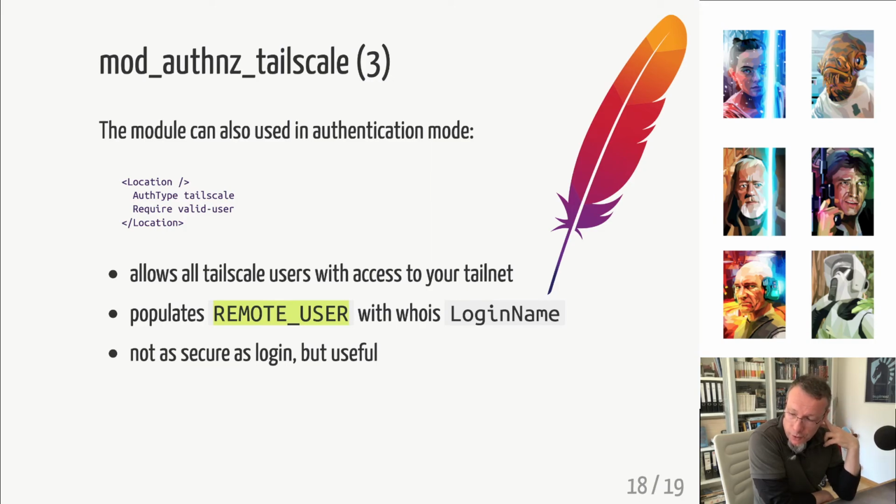It's not as secure as a password login, but of course it's very useful because you can differentiate on your Apache hosted application who is connecting. Is it Bacter? Is it icing? Is it somewhere else? And the application can use the username to provide whatever it wants to do.